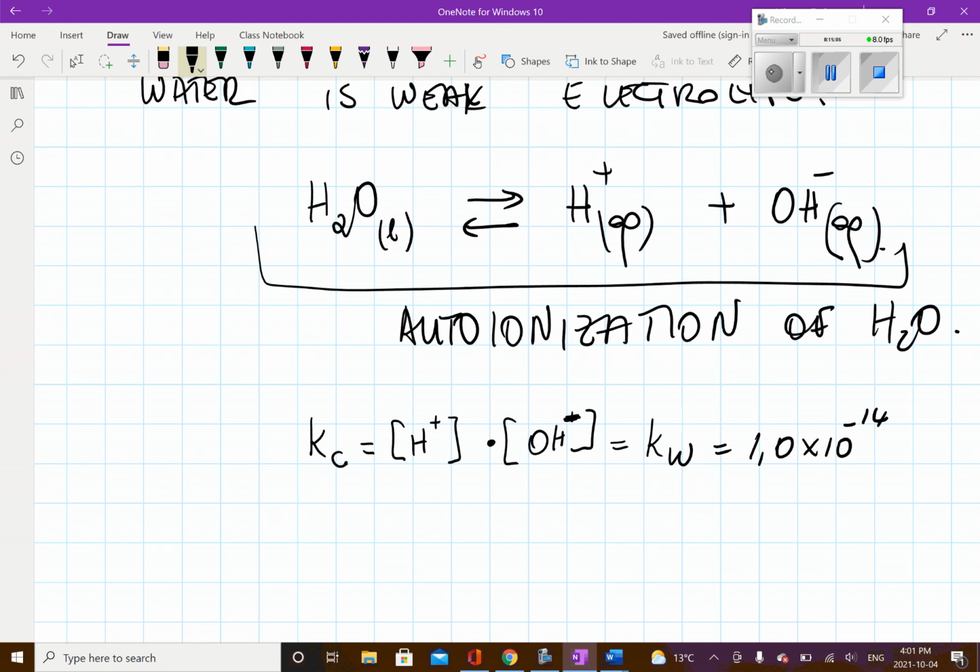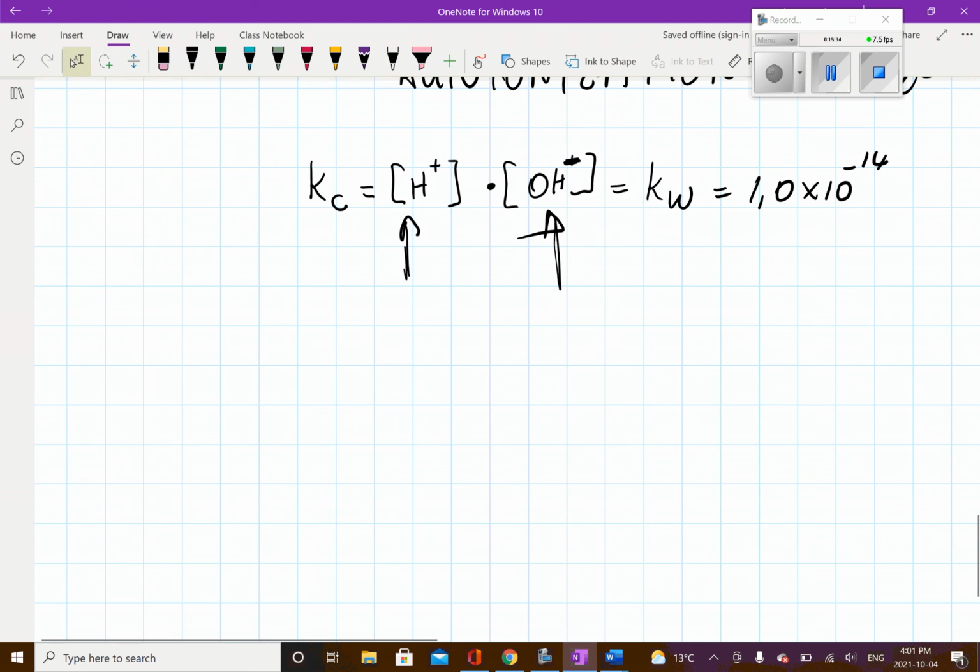So Kw is called the ion product constant. At 25 degrees Celsius, the concentration of hydrogen plus and the hydroxide ion are equal to each other, so they are 1.0 times 10 to the power of negative 7 times 1.0 times 10 to the power of negative 7.